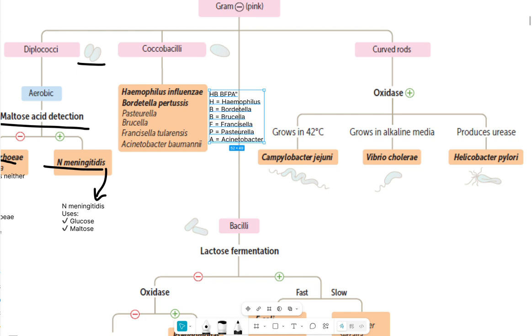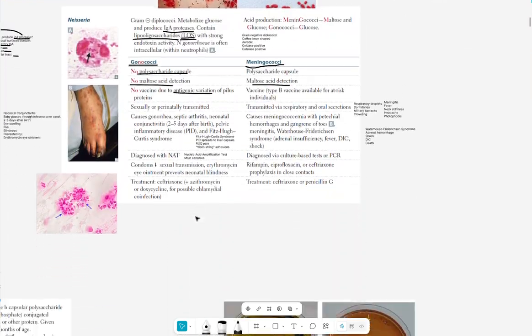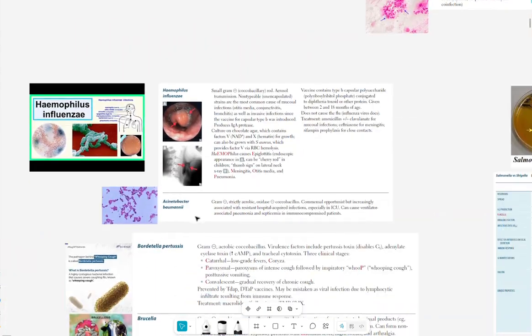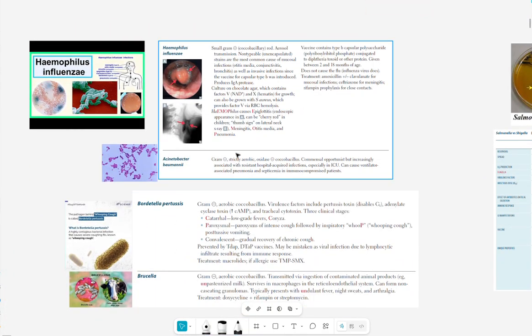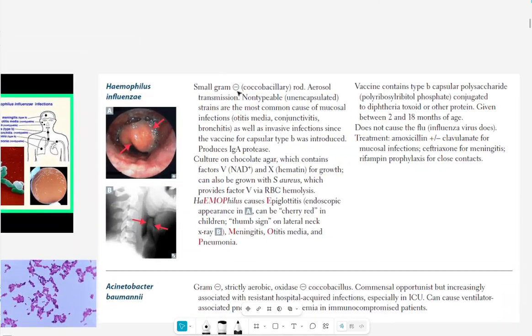Okay, so Hemophilus influenzae, let's do this one by one. If we talk about our coccobacilli, the first one we will try to understand is Hemophilus influenzae. This is basically a gram-negative organism. It's a coccobacillus. It's encapsulated, so it's a type B coccobacillus, right?